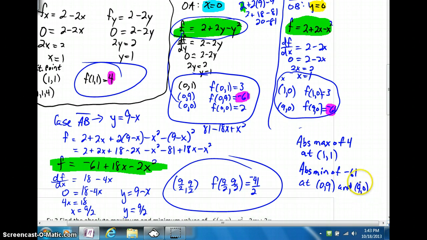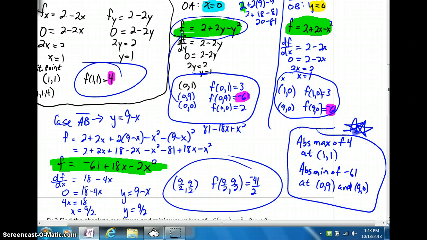So this is really what we're doing for a final answer. I circled all those other ones to just help us realize that these are extreme values. We just have to find the absolute max, the absolute min.